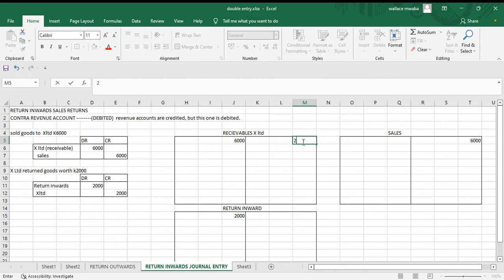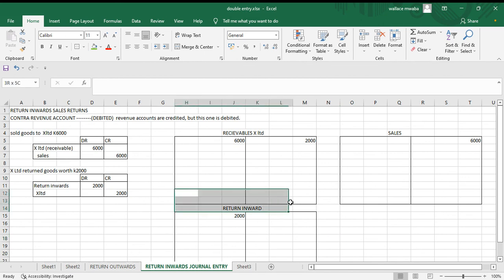The adjustment for sales is going to be made in your trading account. That's why we're not putting it here. This 2,000 here, the adjustment will be made in your trading account.